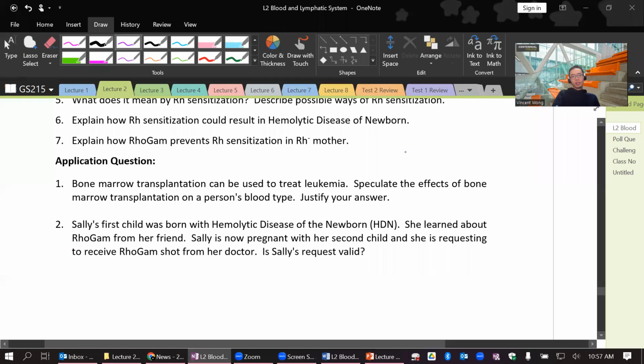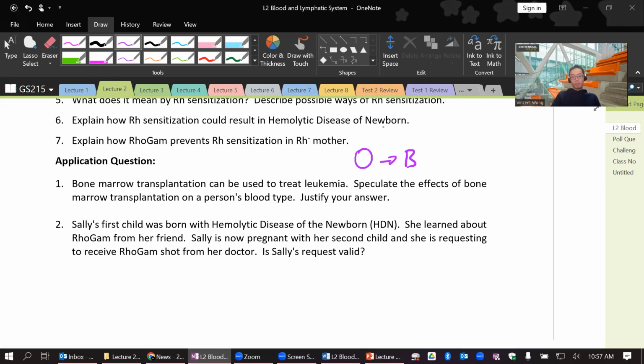For bone marrow transplantation, you can either give them type B donor marrow or type O. If you give them type B bone marrow, nothing will change afterwards. But if you give them type O bone marrow, then it's possible for the person to change blood type from B to O, right? Because the new stem cells will only be able to produce type O cells afterwards, and that could change the person's blood type completely.